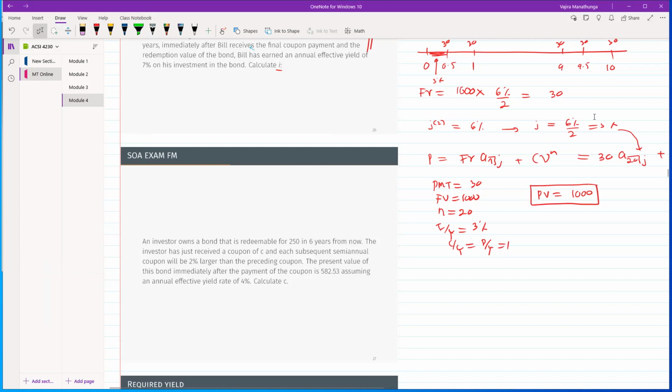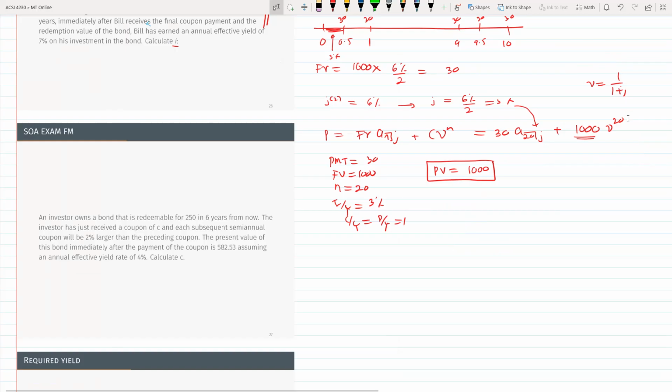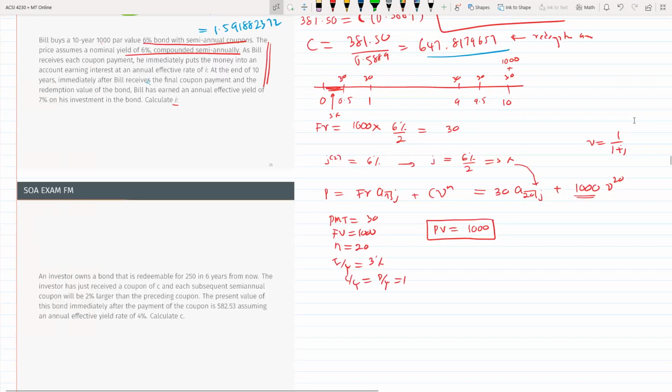By the way, why is it 1,000? You need to observe that the coupon rate R is actually 3%, and in here J is also 3%. If you have R and J both the same, then the price would be the same as the redemption amount.